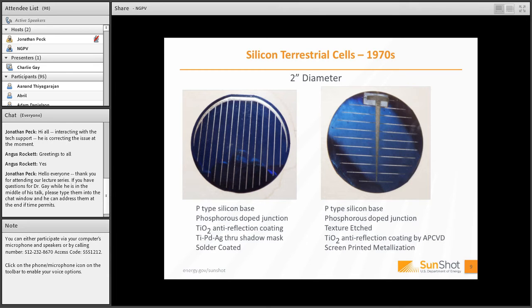When I joined, initially I went to work at Spectrolab making space cells, and one of the ground stations that NASA operated, they have basically 3 major sites around the globe, one in Goldstone, California, one near Canberra in Australia, and one in Nigeria.